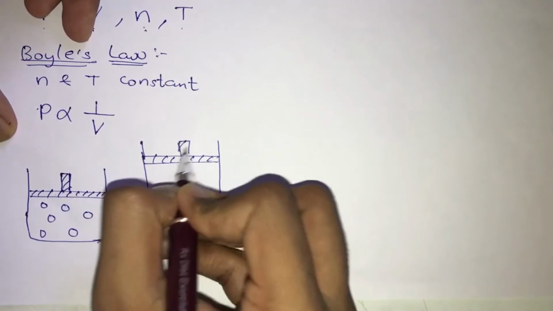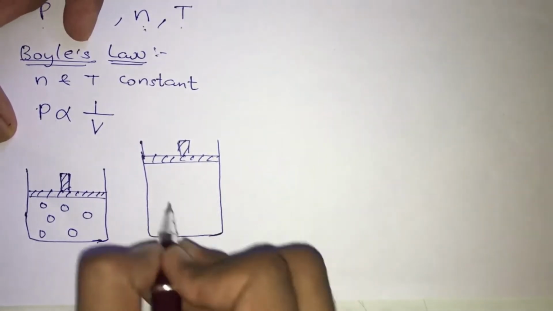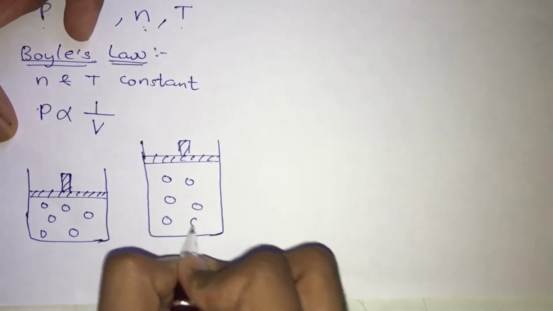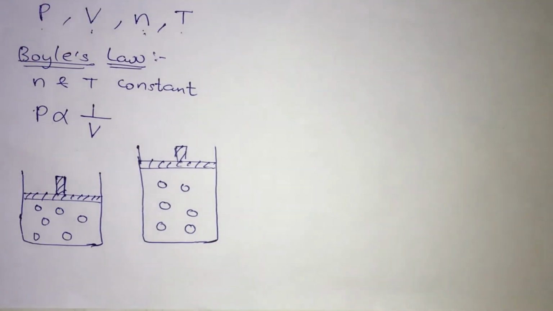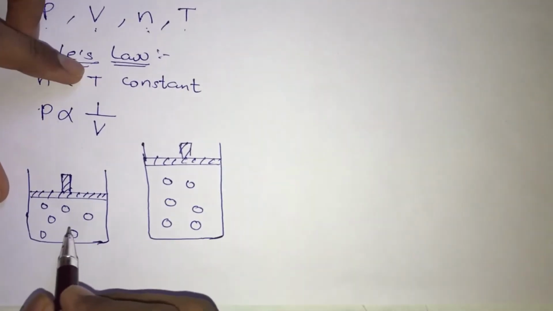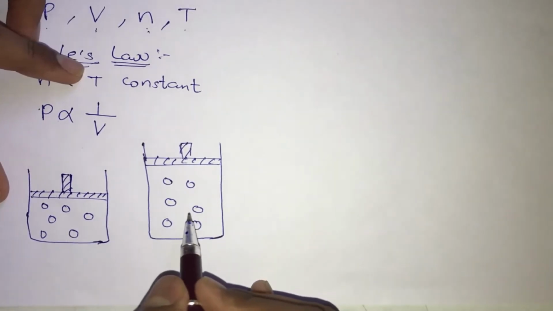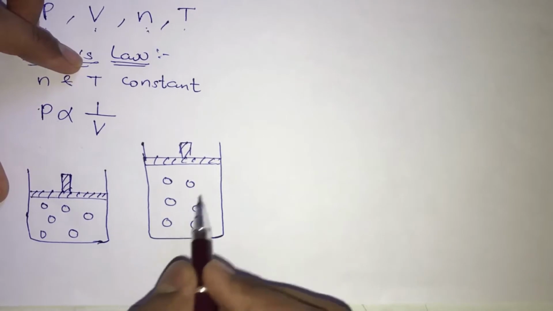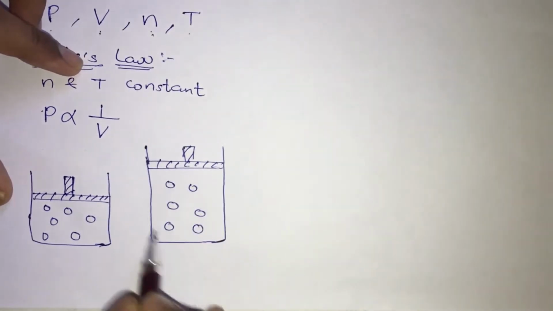Okay, so when he takes this piston above, the volume of the beaker for 6 moles of gas is going to increase. So now can you see, here also there are 6 moles, here also there are 6 moles, but here the 6 moles are getting more volume.